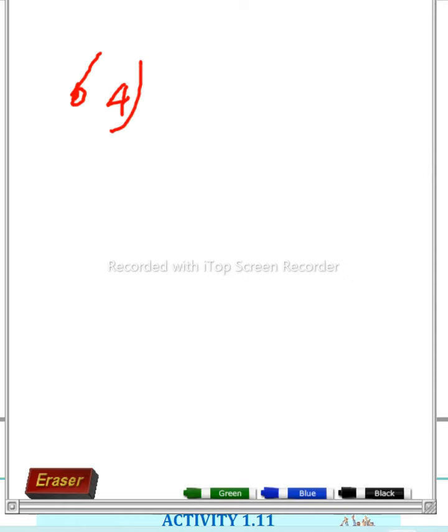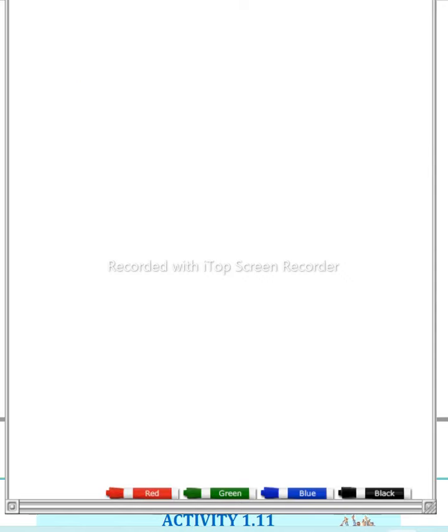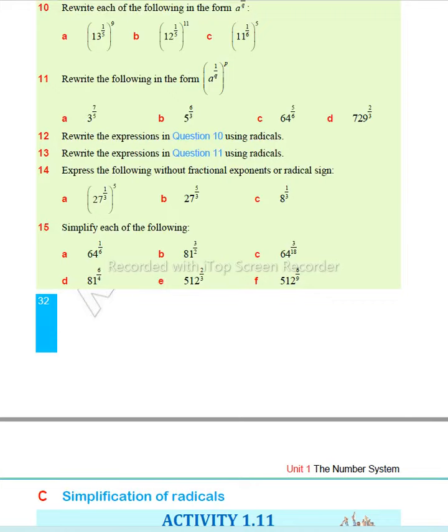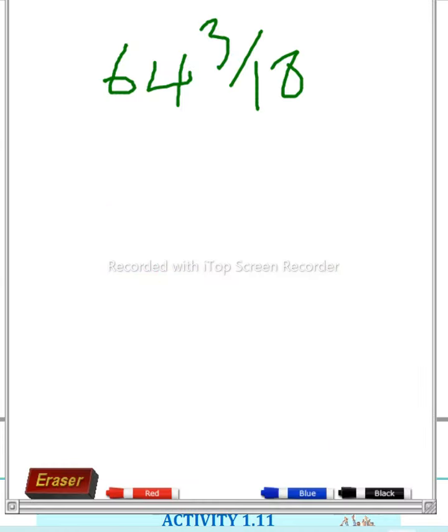Sorry, there is no bracket here. 64 to the power of 3 over 18.